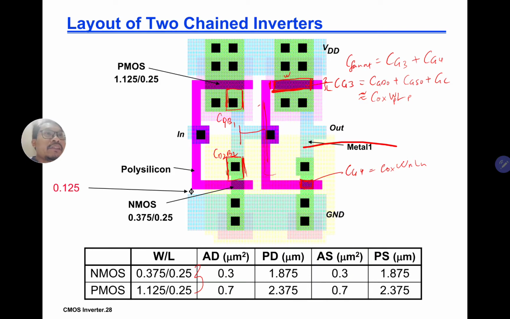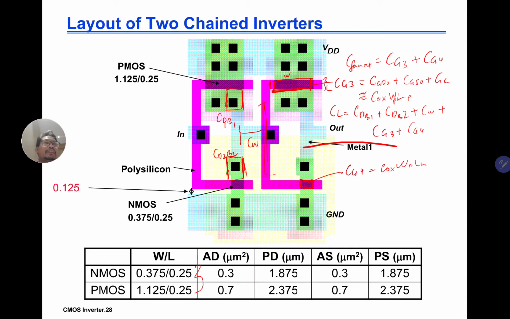And here is your CW, your wire capacitance. Therefore, you can say that your CL is simply Cdb1 plus Cdb2 plus CW plus Cgate3 plus Cgate4.